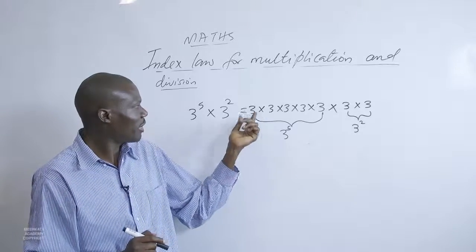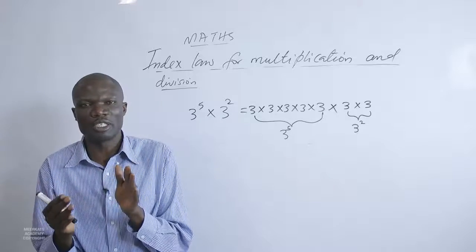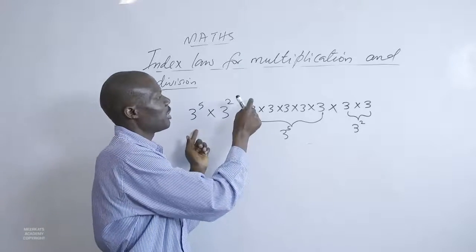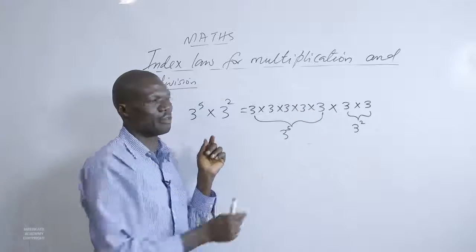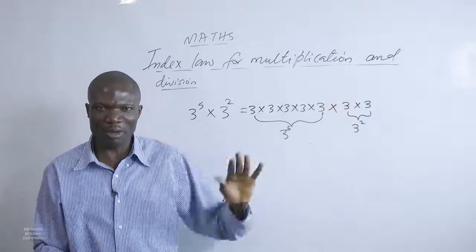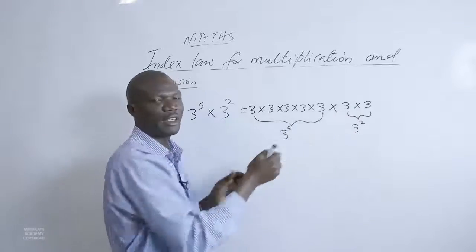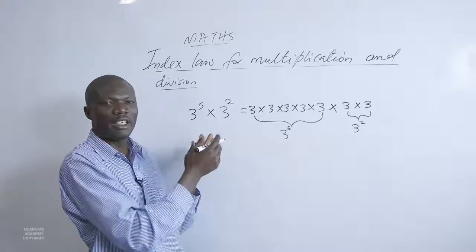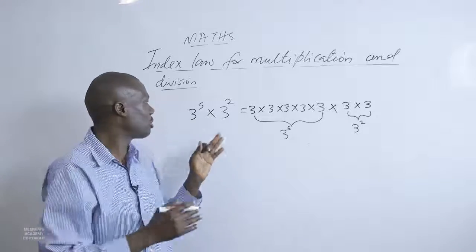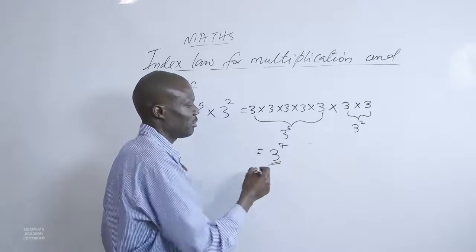If it is raised to power 2, it's twice. Raised to power 5, we said 1, 2, 3, 4, 5. So if we want to find the solution, we just count the number of times 3 has appeared. 1, 2, 3, 4, 5, 6, 7. Which implies that 3 raised to power 5 times 3 raised to power 2 should give us 3 raised to power 7.